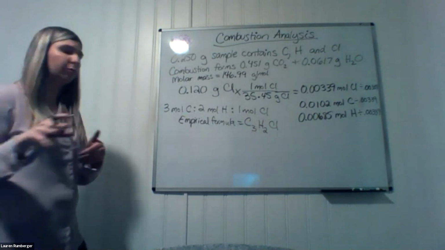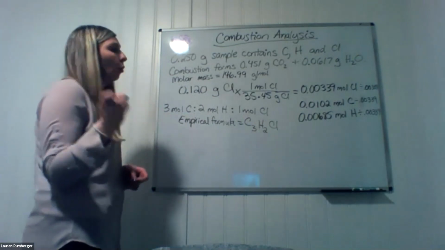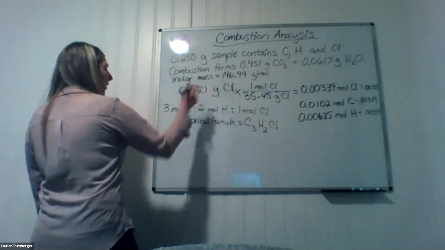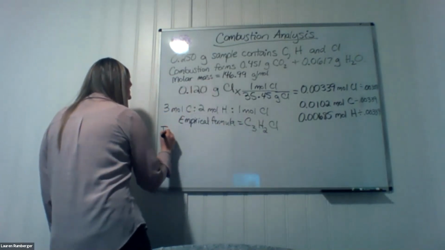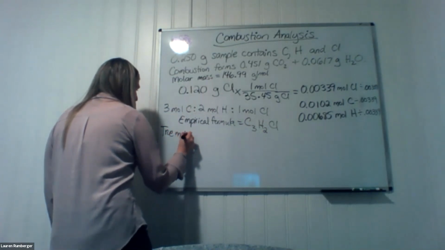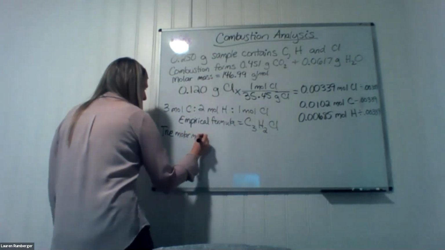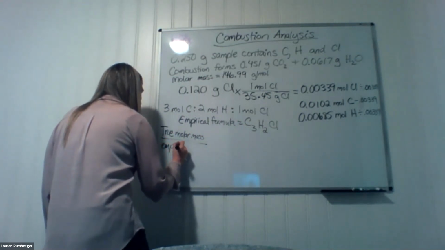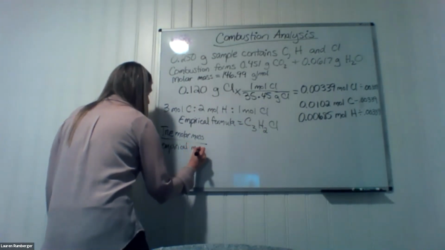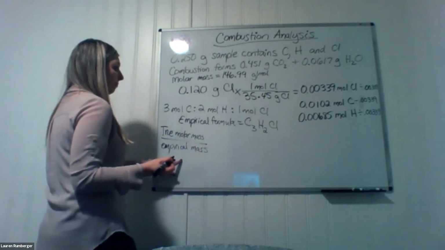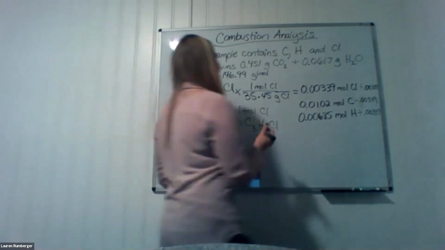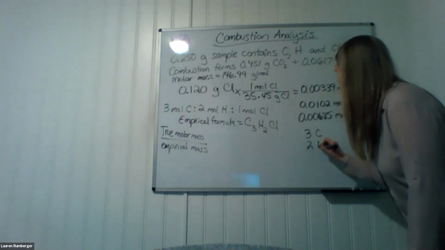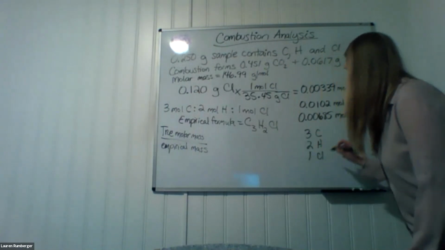To find the molecular formula, we need to find that whole number factor that would be multiplied by the formula by taking the true molar mass divided by the empirical formula mass. Okay, so let's calculate the empirical formula mass. 3 carbons, 2 hydrogens, 1 chlorine.